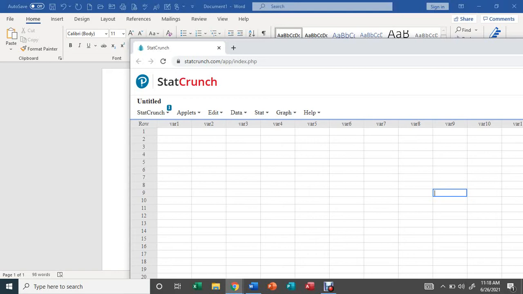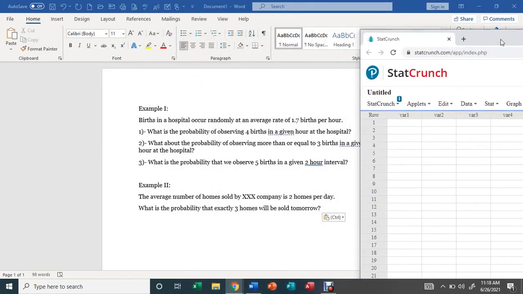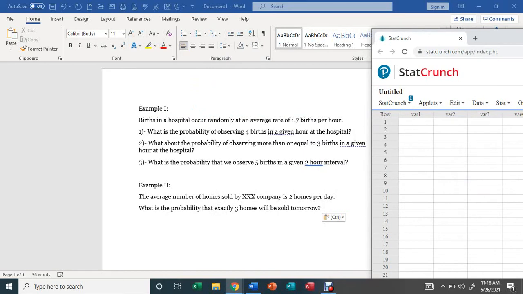Now let's look at these two examples and see how we can use StatCrunch to answer a few questions. So the first example here is births in a hospital occur randomly at an average rate of 1.7 births per hour.